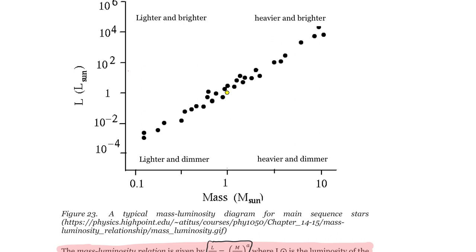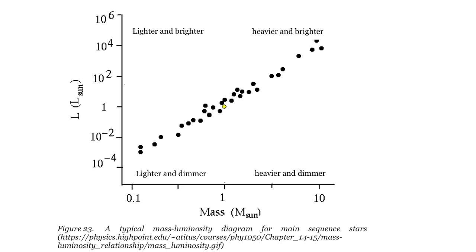So here is a luminosity versus mass graph, and we can see here that on the horizontal scale we have the mass of stars in units of what we would call a solar mass, or the mass of the sun. This is also represented by the symbol M with this little solar sign there.